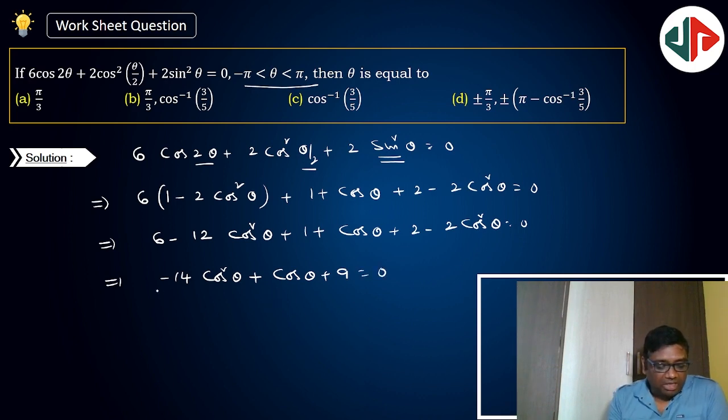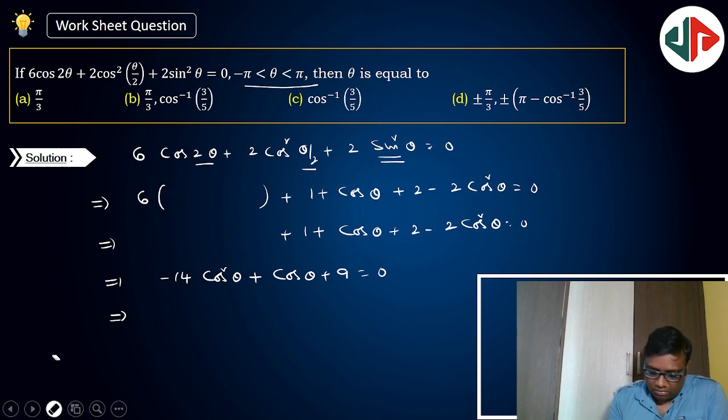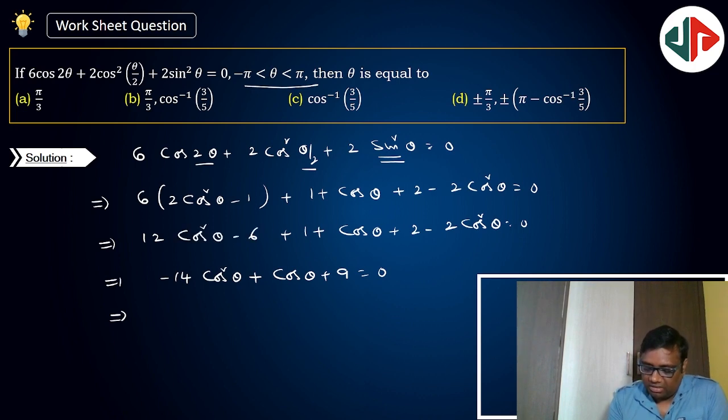So this value is nothing but 2 times cos square theta minus 1, so 12 times cos square theta minus 6. So then this value will be 10 times cos square theta plus cos theta.